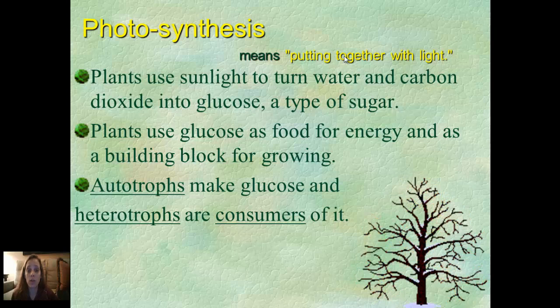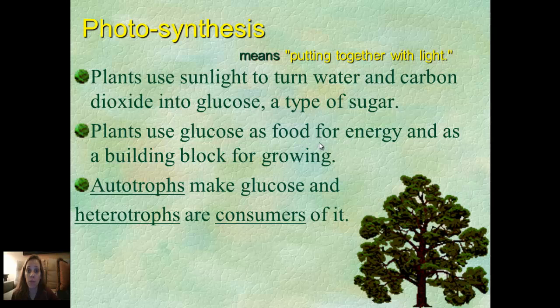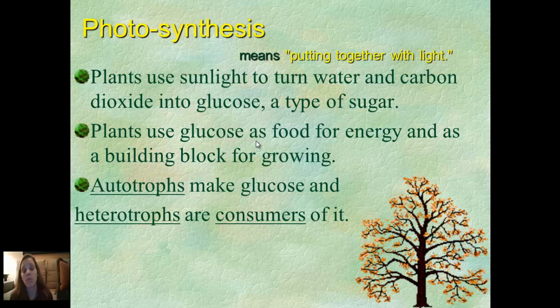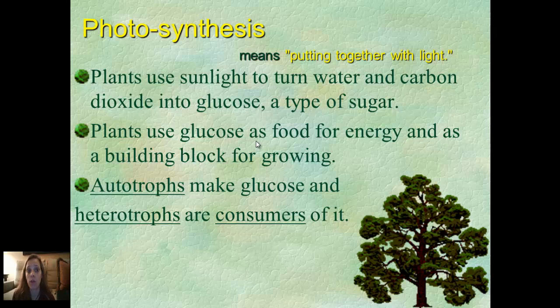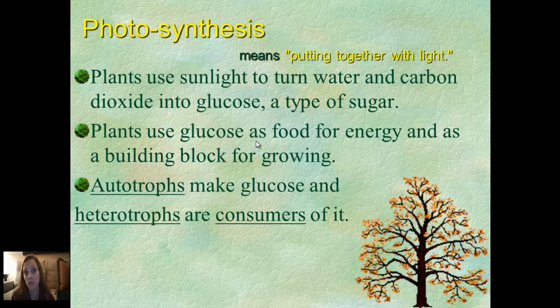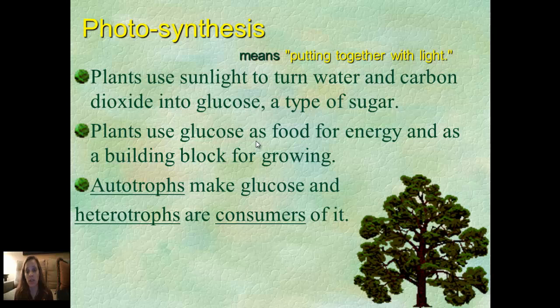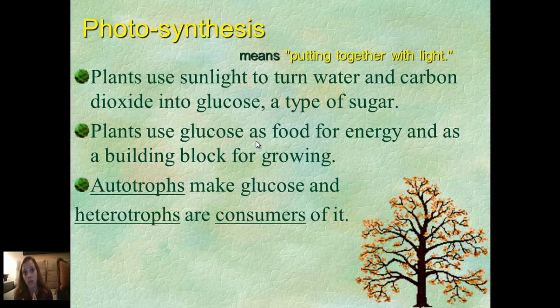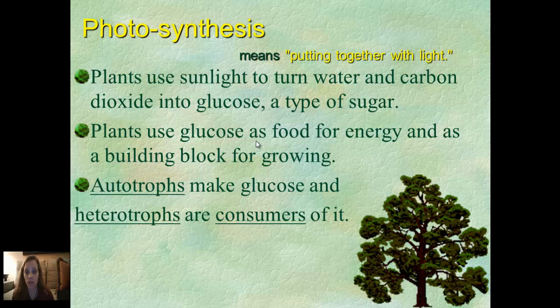Plants use glucose as food for energy and as building blocks for growing. Plants are considered autotrophs because they make their own food through the process of photosynthesis. Heterotrophs are the consumers of plants. So heterotrophs are consuming plants in order to consume that glucose, that is a carbohydrate that our bodies use for energy.